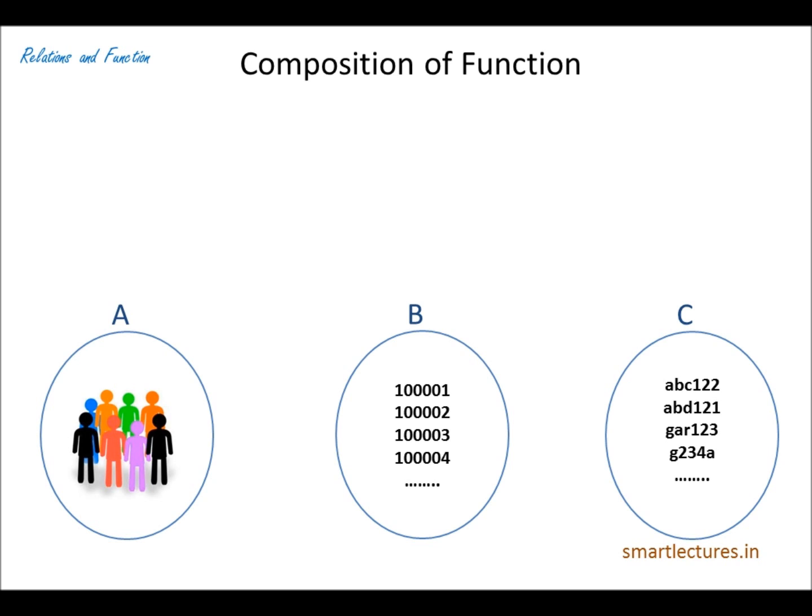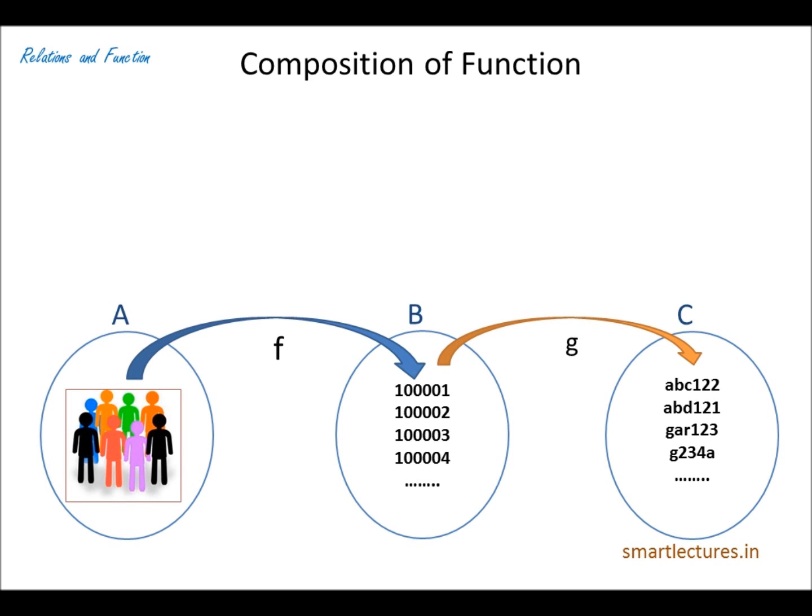So that means if set A consists of the students of class 10, then corresponding to each student, there exists a roll number in set B, which is generated by the function f, and corresponding to each roll number in set B, the function g generates a coded number in the set C. Now, this also means that each student has also got a unique coded value.